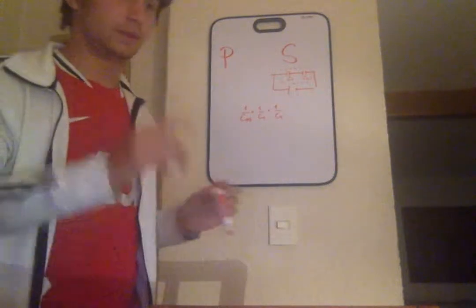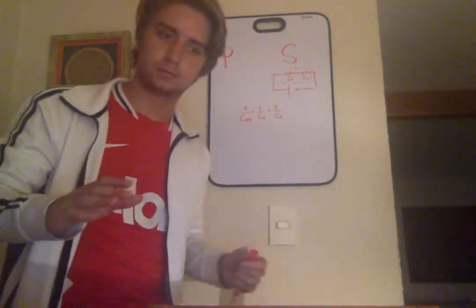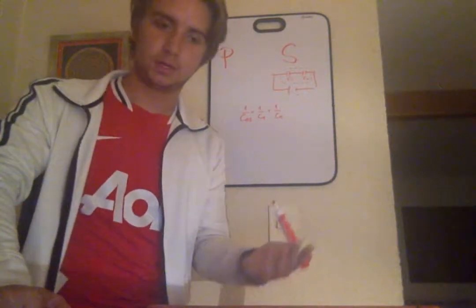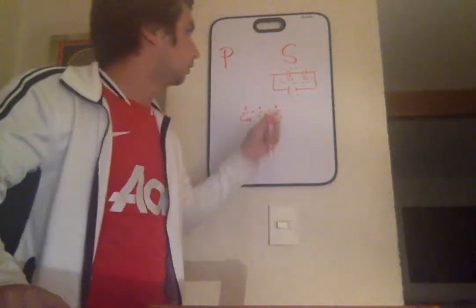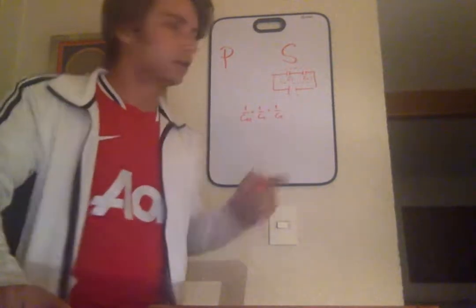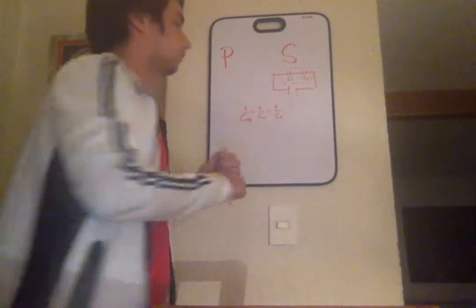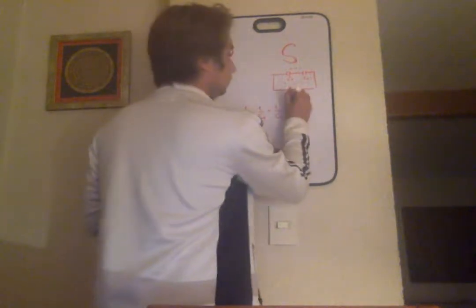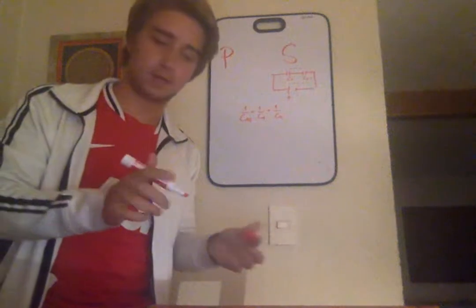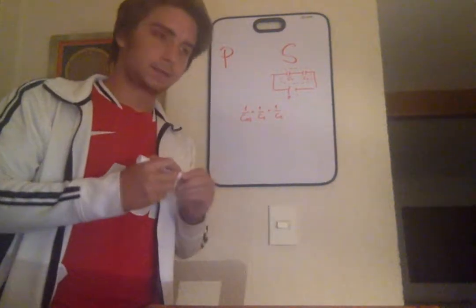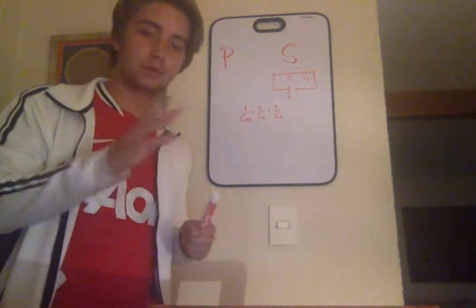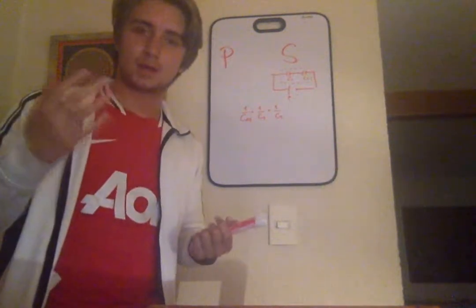So the voltage will be different in both of them. It will normally be different if they have different capacitance, but it will definitely be different from the voltage of the battery because it will be separating into two different paths. But the amount of charge that goes through them is always the same. Why?